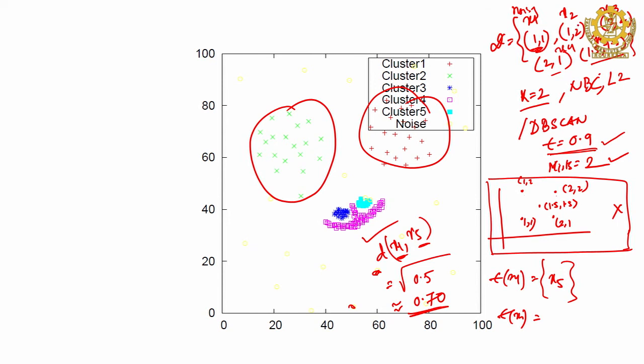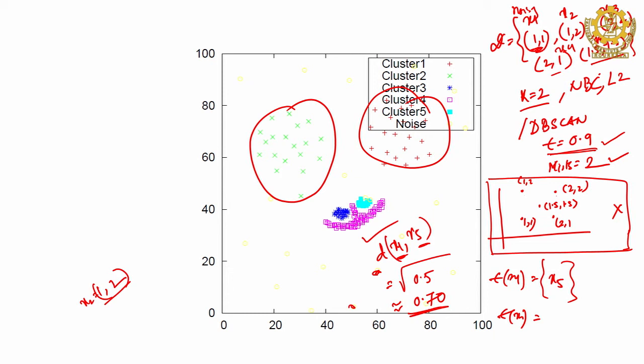Next, you go to x2, which is (1,2), and compute the distance to all the other points. All other distances will be 1 except the point x5.